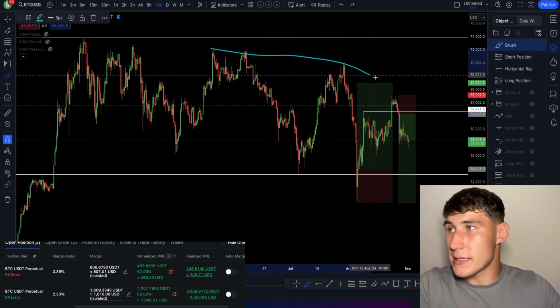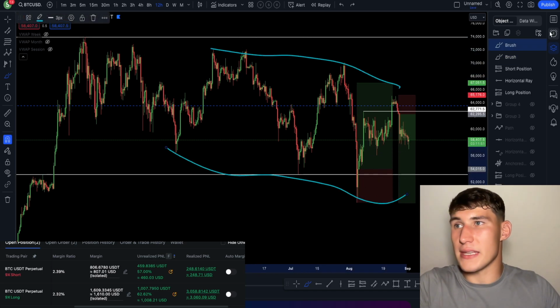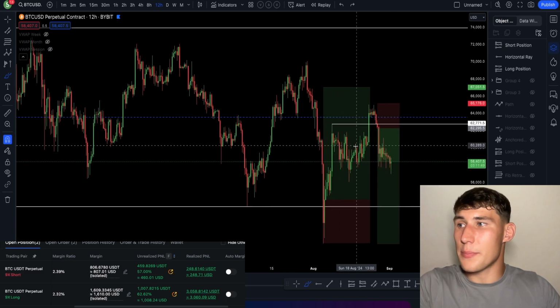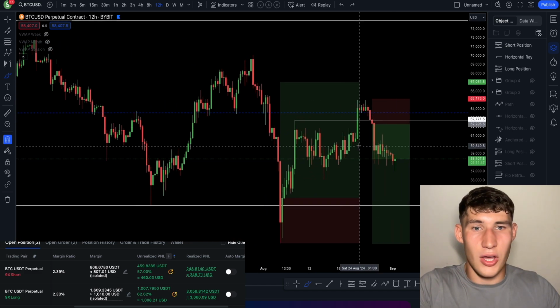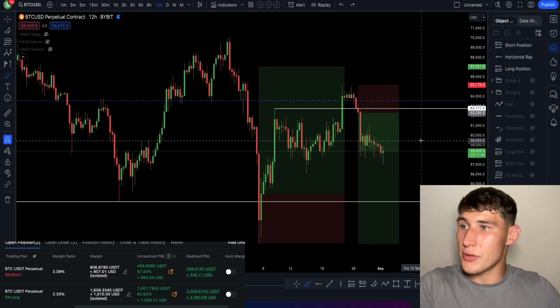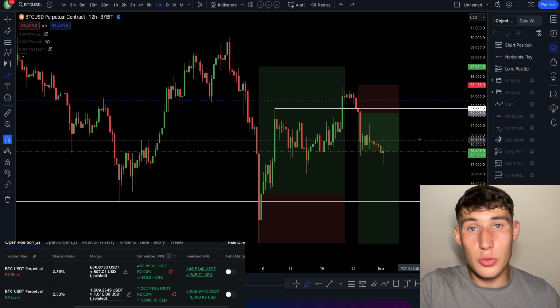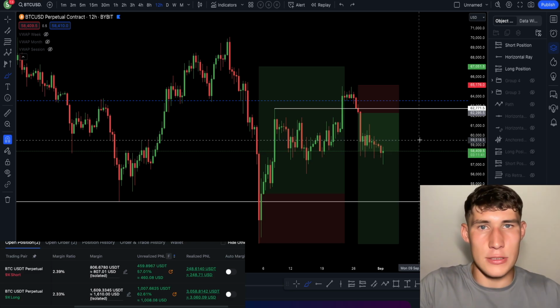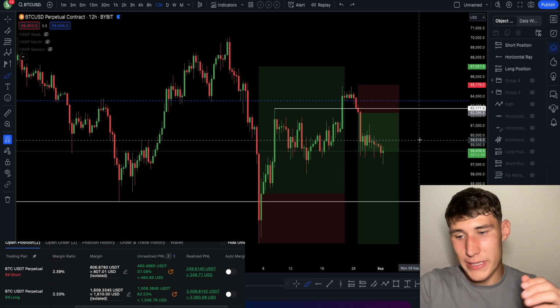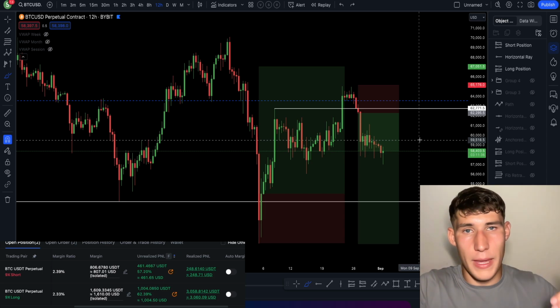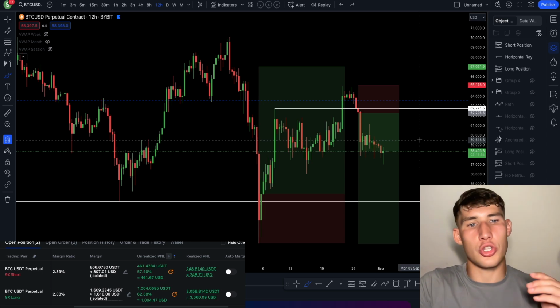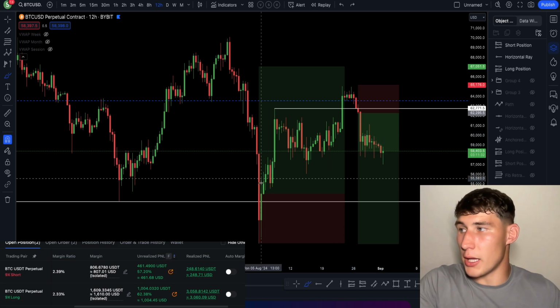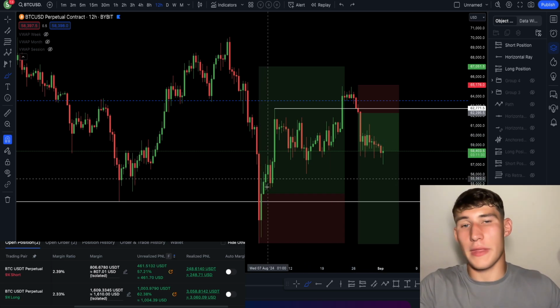Again, shorting these highs up here and longing these lows, and that is exactly the position that I'm in at this moment in time. This is a position that all professional traders strive to get into. And you, as a trader who is trying to become a professional trader, this is what you should strive to do as well. So, like I said, I am long from the 5th of August.